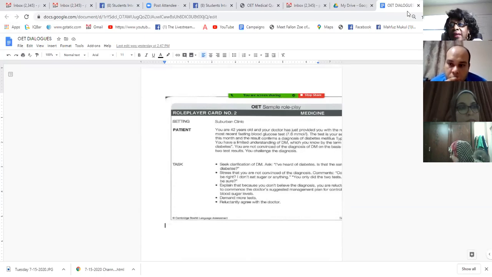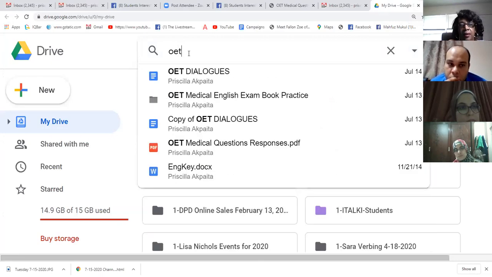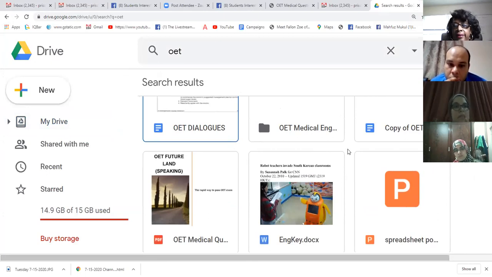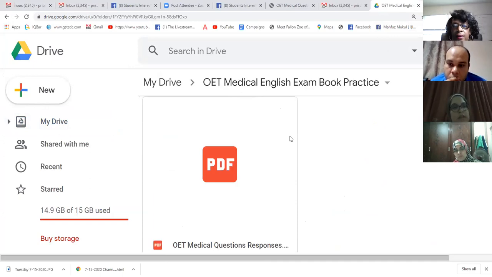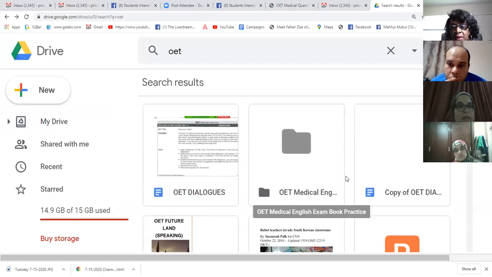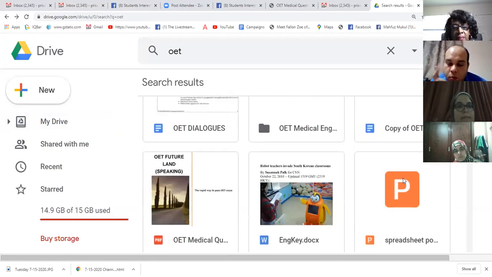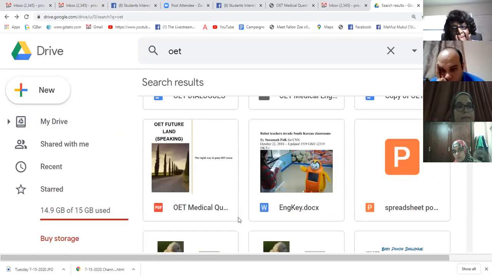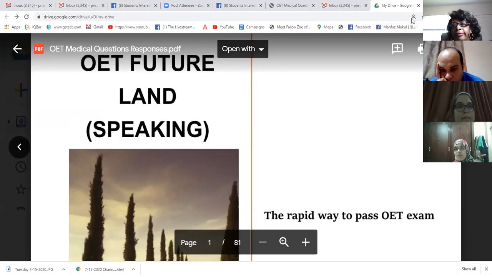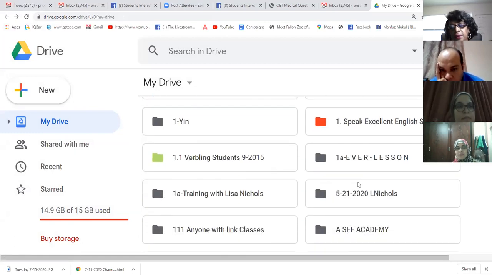I think we did that one. OET. I don't know why I didn't date them. Or maybe I did. Maybe they're right here. These are the ones that I created out of the book. This is the book. I don't know where I put them. Let me check.